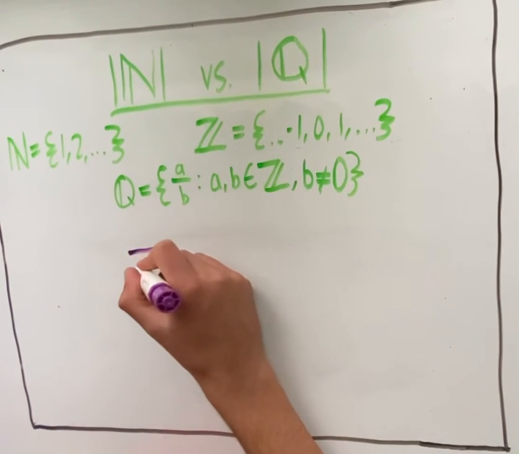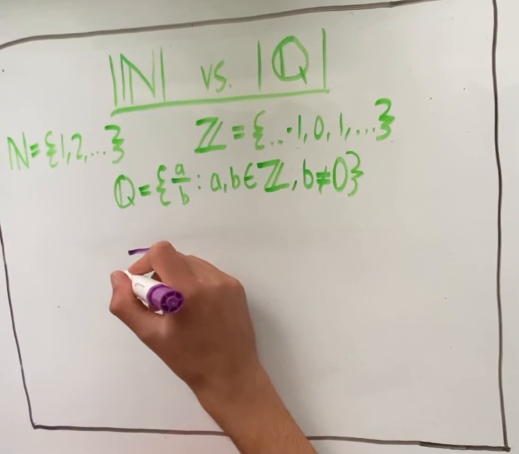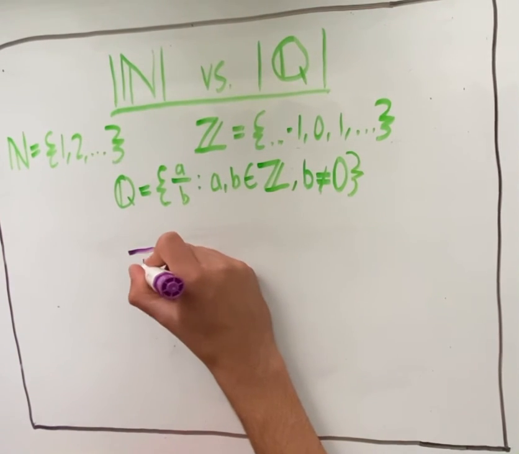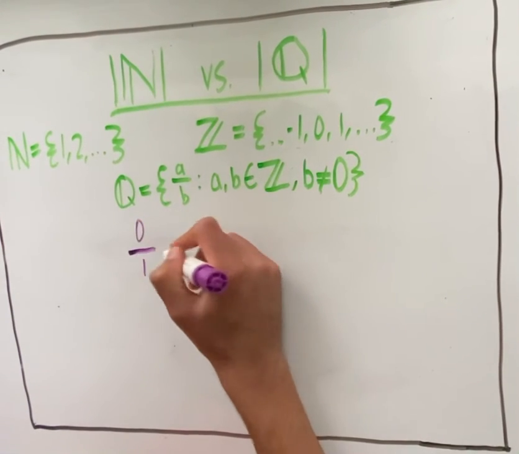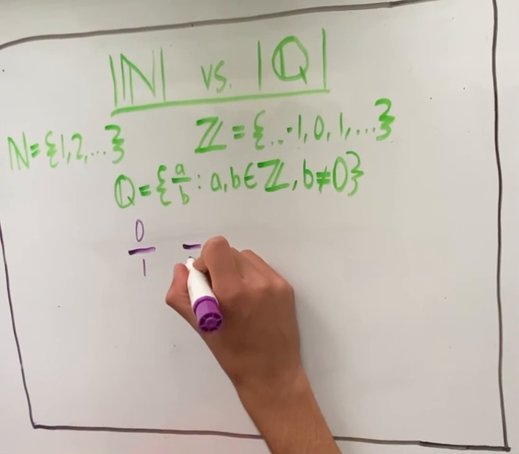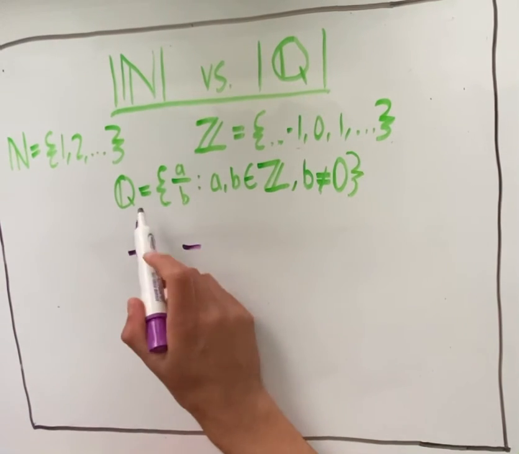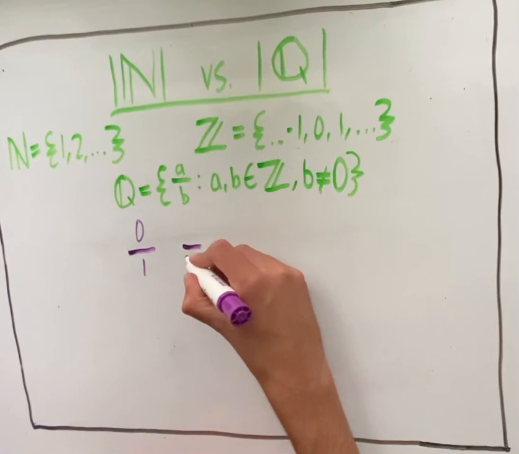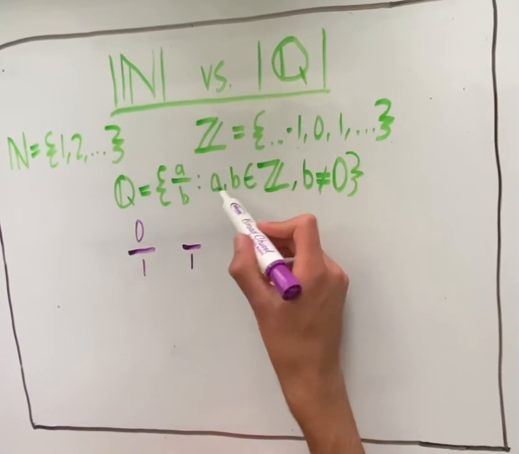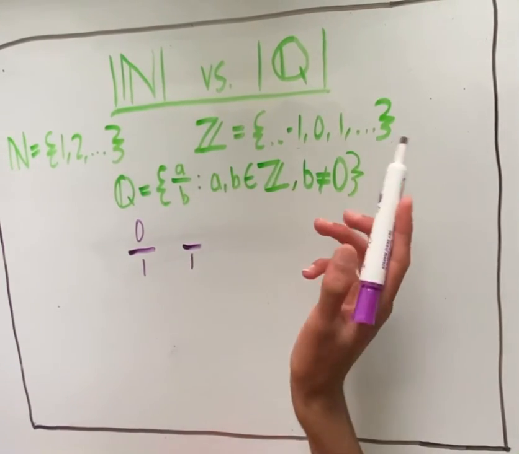we can start by maybe considering all of the rationals with a denominator of 1. And so we can start with 0, and then we want to cover every possible numerator that goes along with this denominator, and it just has to be an integer. So a can be any integer.